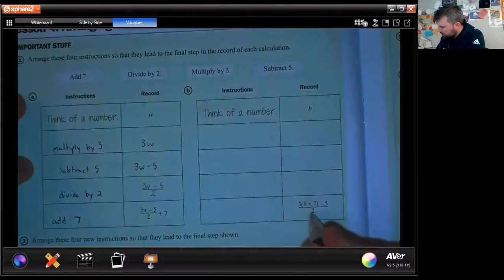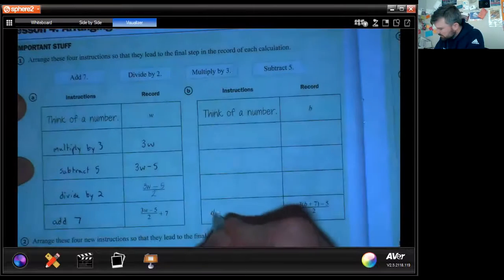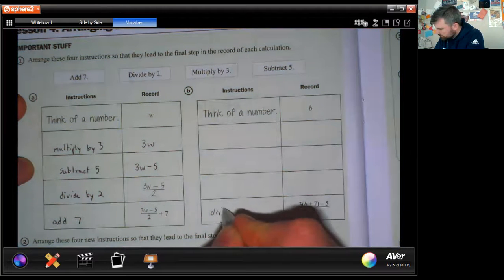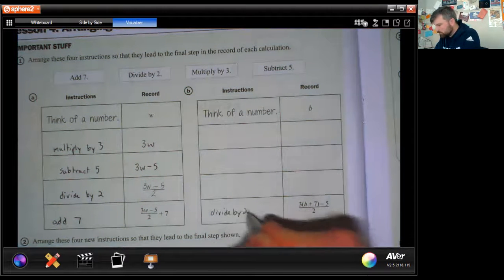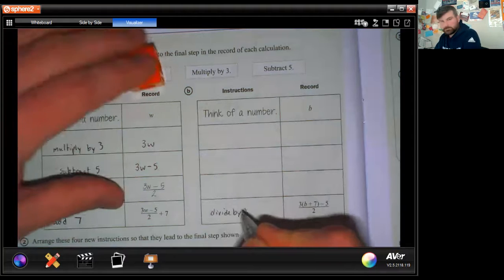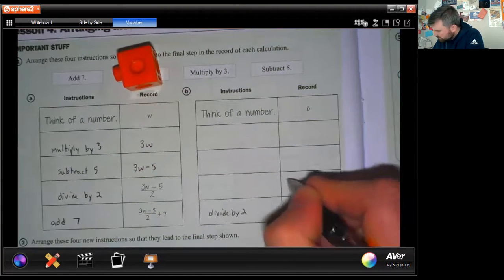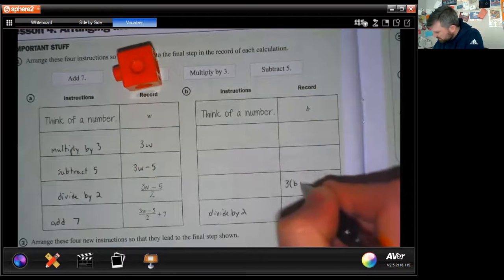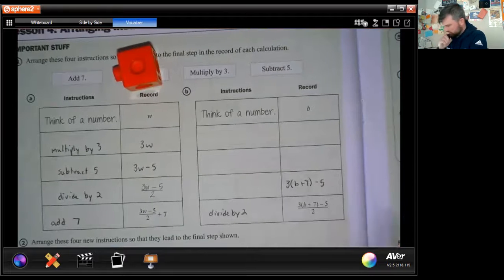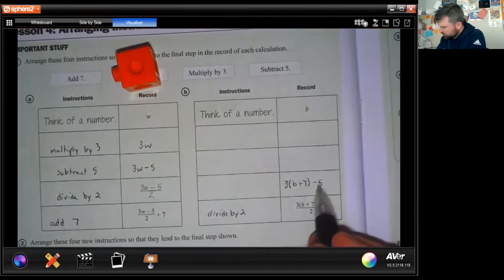The last step we did here was divide by 2. So cover that one up. And if you don't divide by 2, you get 3b plus 7 minus 5.